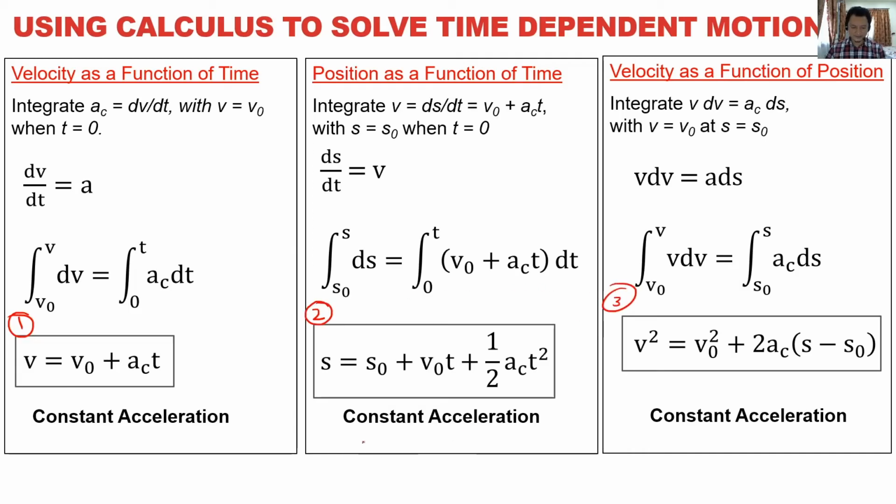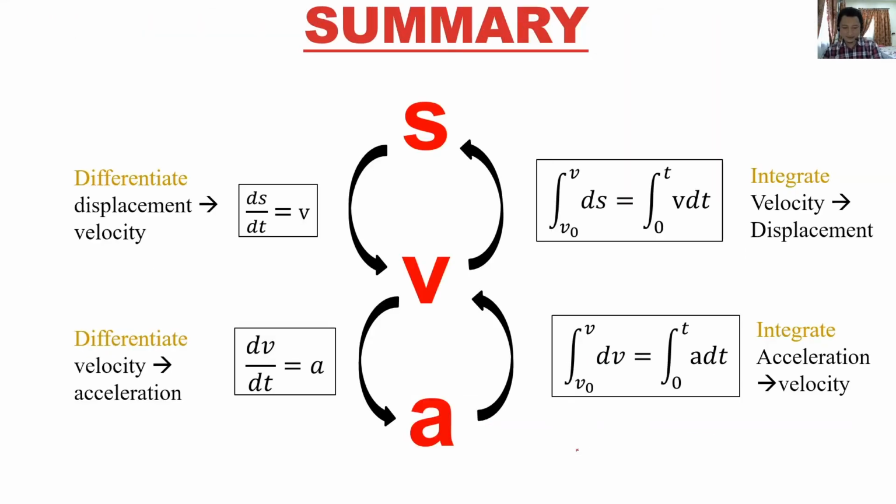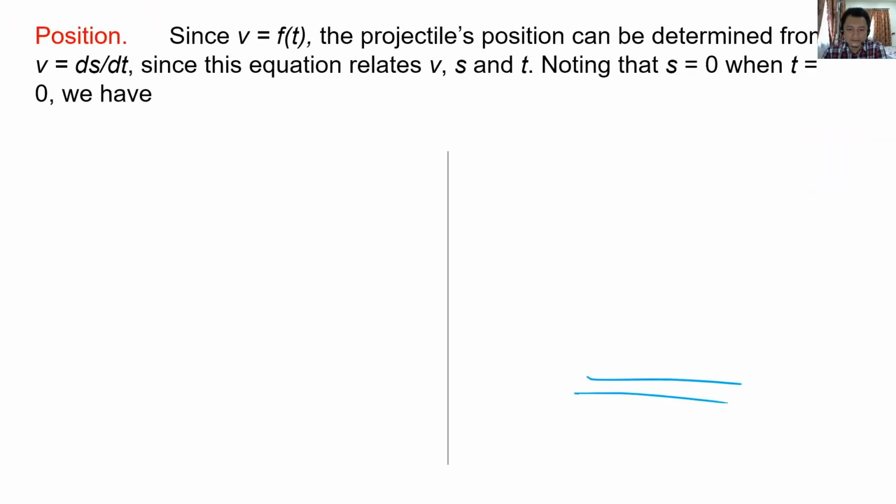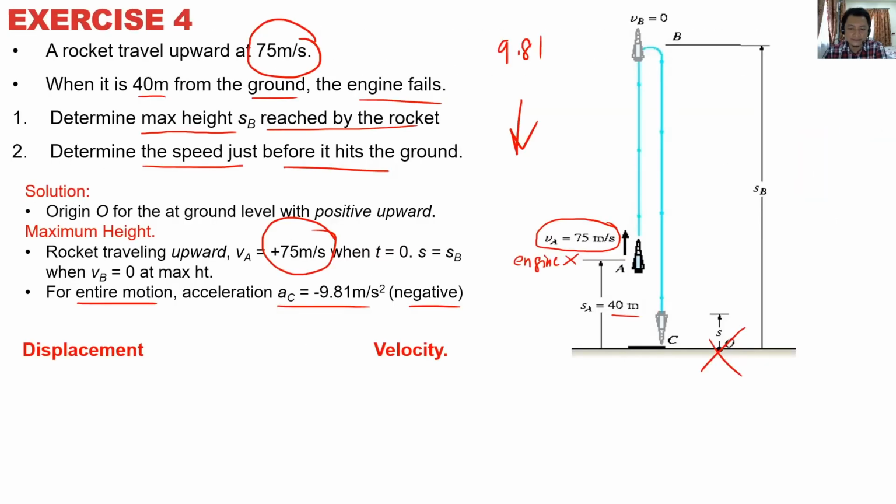Why so? Because it's under constant acceleration. Which acceleration? Gravity, which is equivalent to negative 9.81 meters per second squared. So it works for this one.